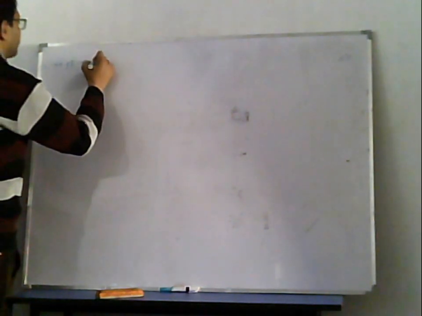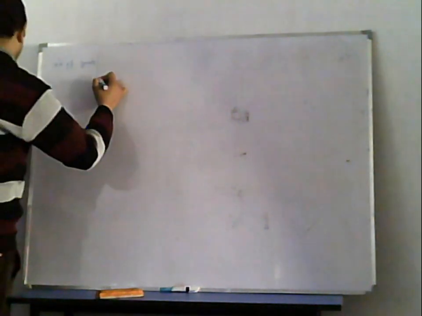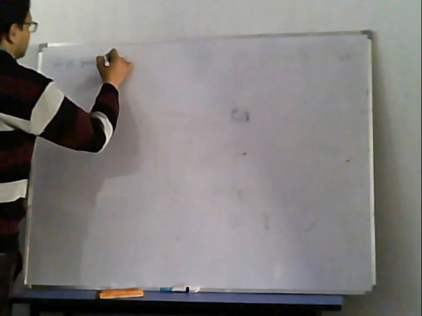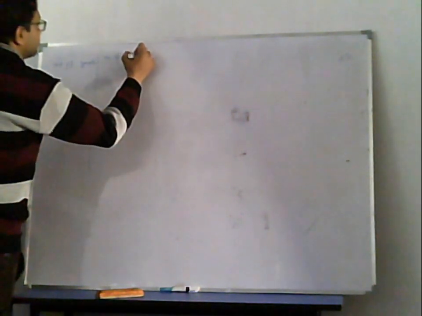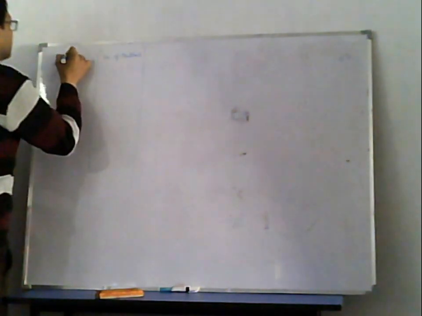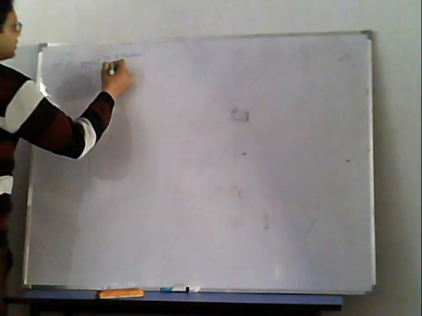Right, the number of goals, suppose this is the number of goals and the number of matches. That is the xi and that is the fi, the frequencies.